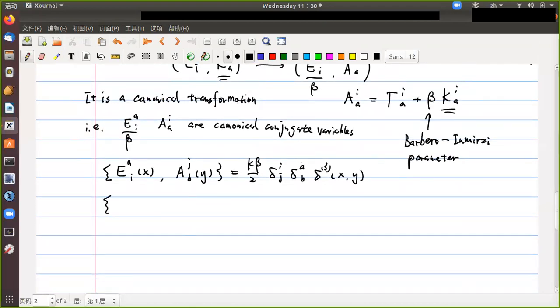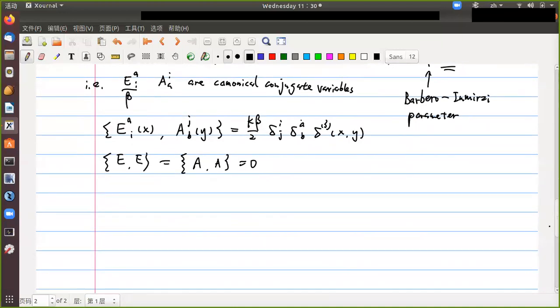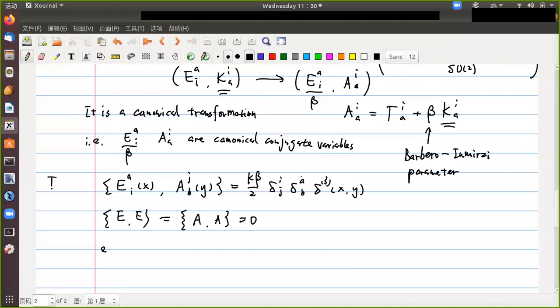At the same time, the Poisson bracket of E with E and of A with A equals 0. So E and A are really canonical conjugate variables. This is the result derived from the E,K Poisson bracket.